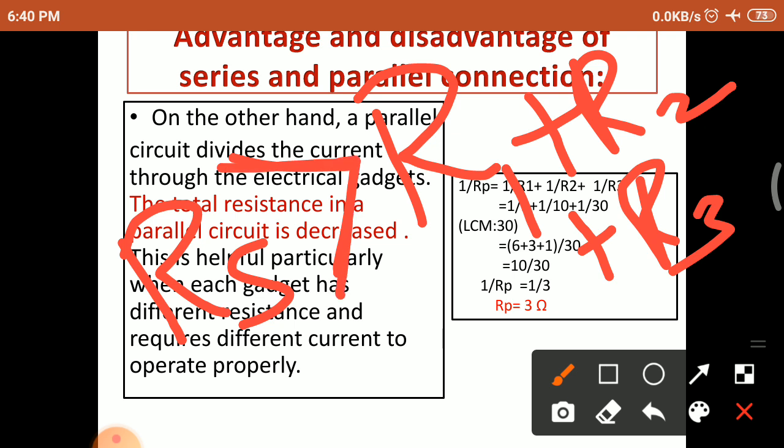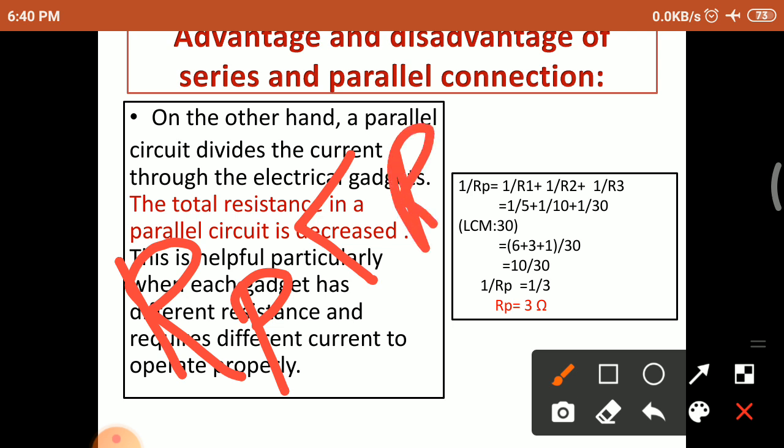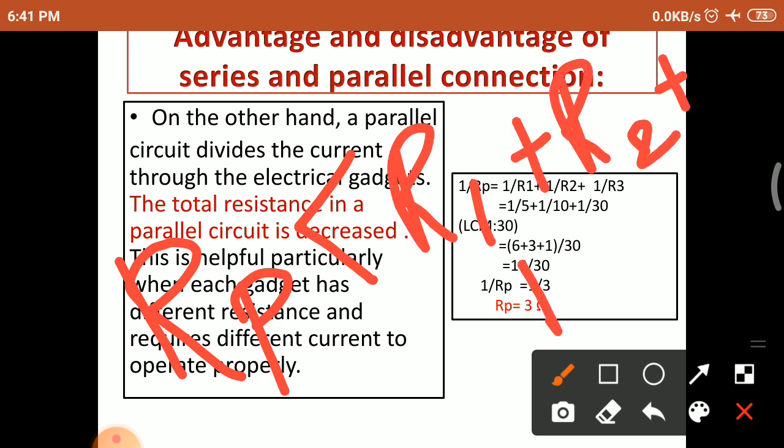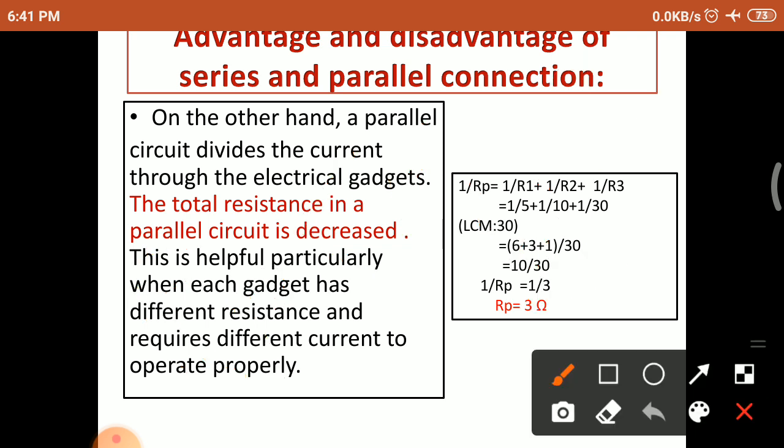But in parallel combination, Rp is always less than R1, R2 and R3. In the last slide I discussed a numerical problem: R1 is 5, R2 is 10, R3 equals 30, and the Rp value is 3 ohm.